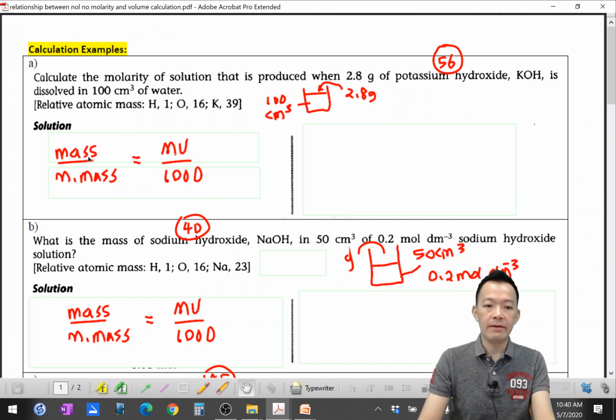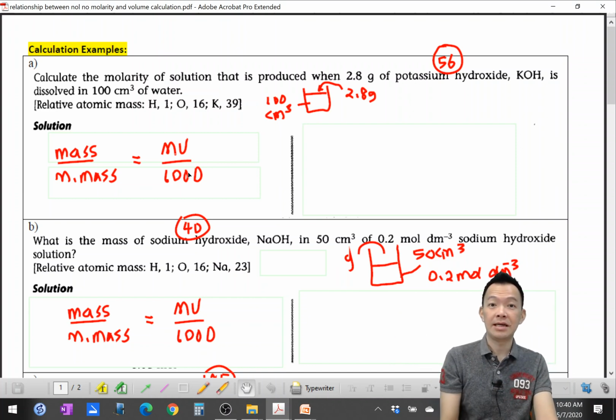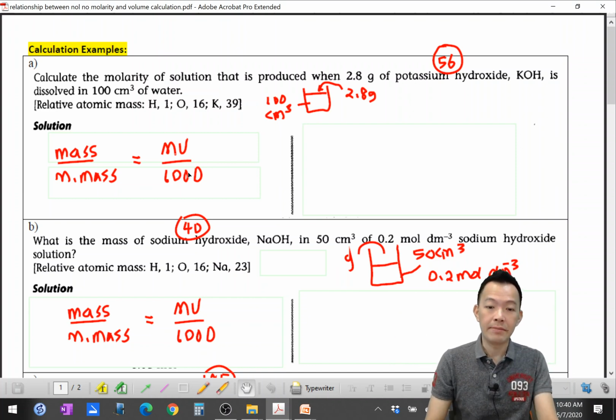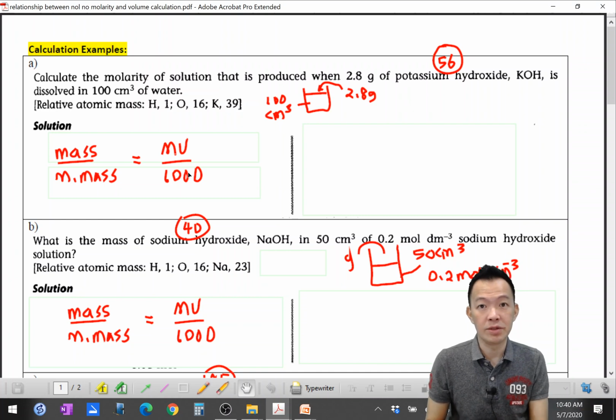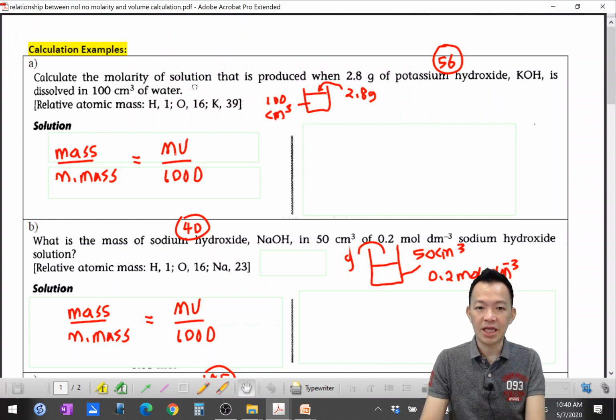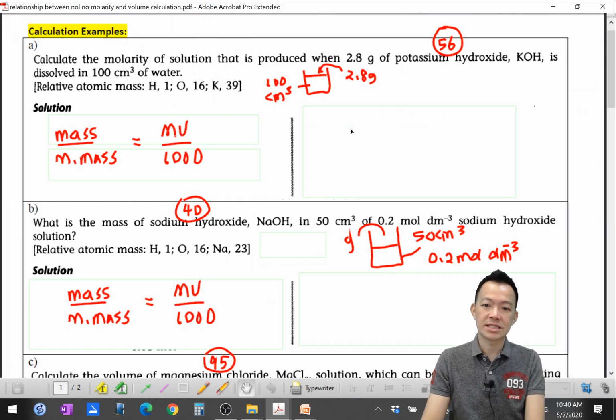Now you know all the variables, except molarity, and you just use a mathematical move, move here and move there. I'm not teaching mathematics here, just the formula and fill in the blanks. You get the answer, molarity.